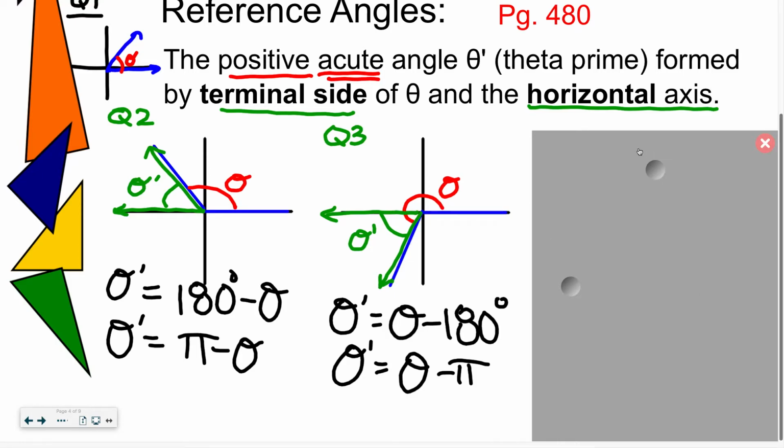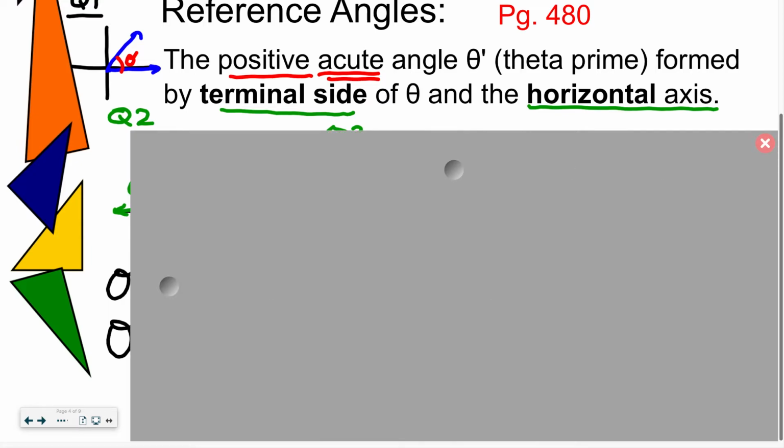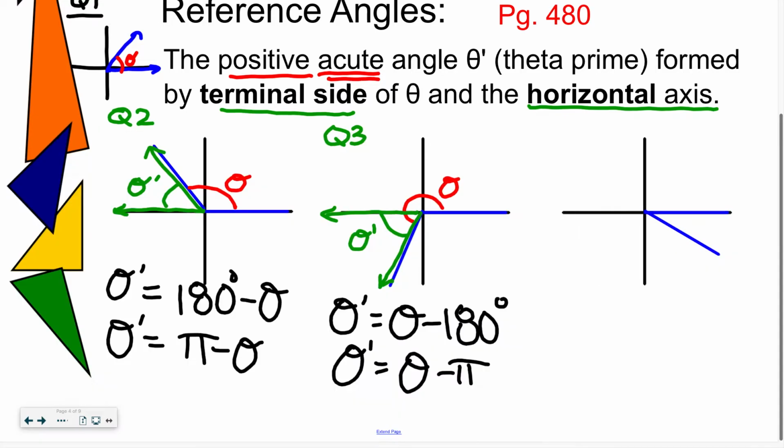At this point, I think you could probably draw your own picture for quadrant 4. So go ahead and draw your picture for quadrant 4.